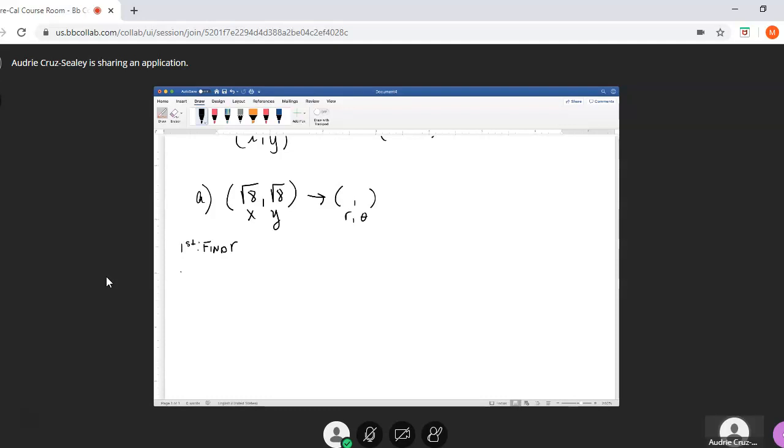So x squared plus y squared equals r squared. So do you agree that that would be 8 plus 8 equals r squared, which means that r squared equals 16 and r equals 4. So I know that my r value is 4.